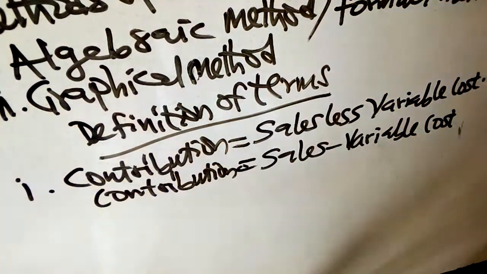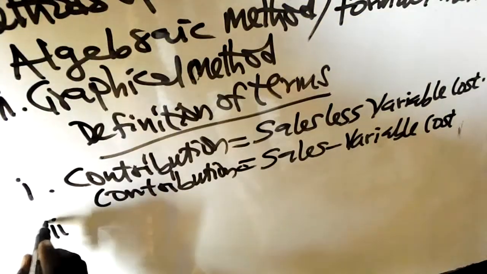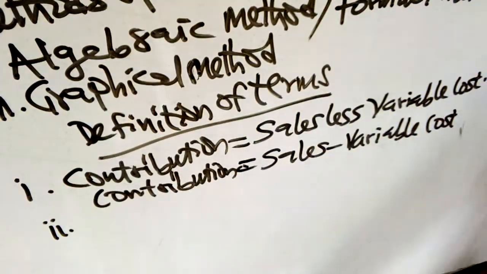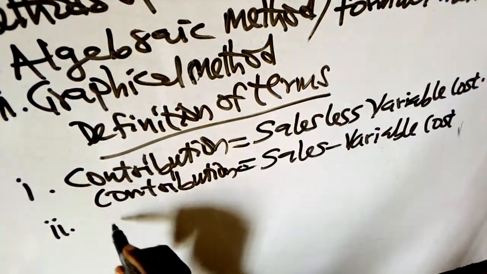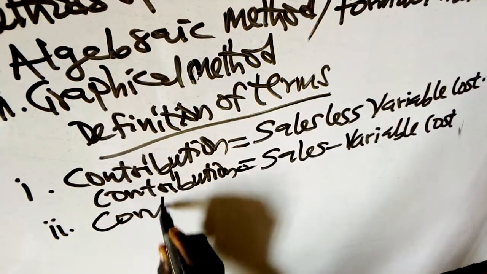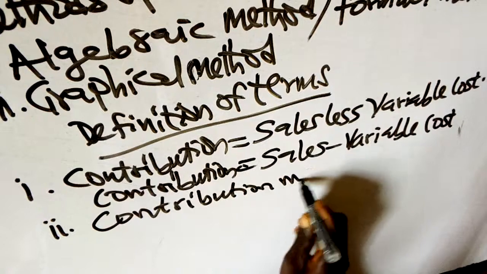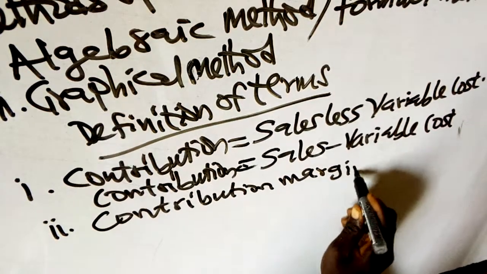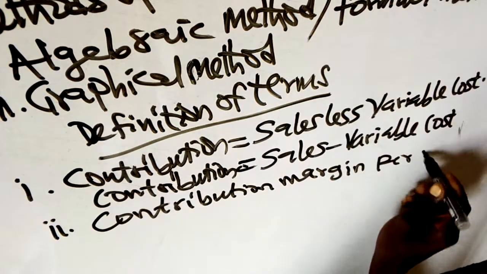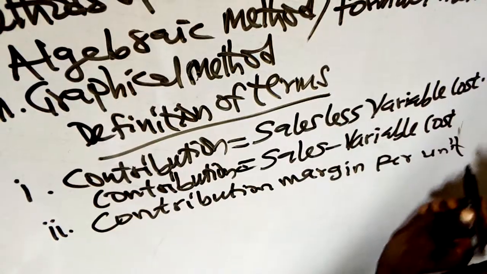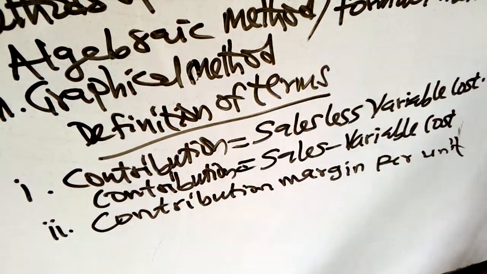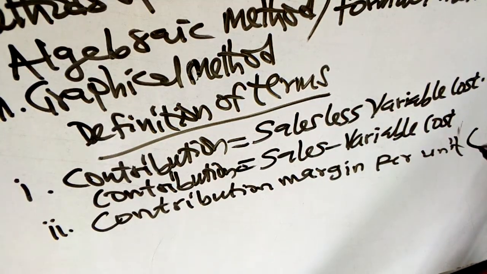Number two, contribution margin per unit, which shall hitherto be abbreviated as CM.